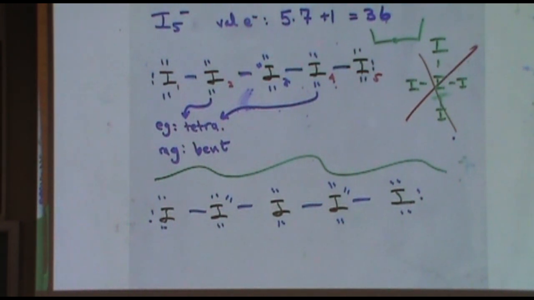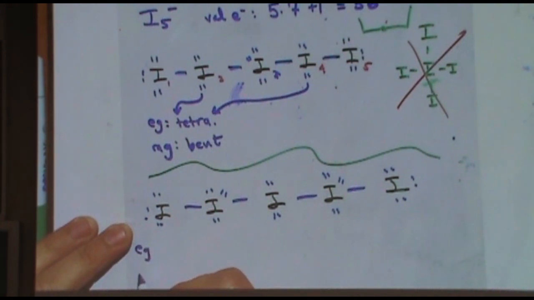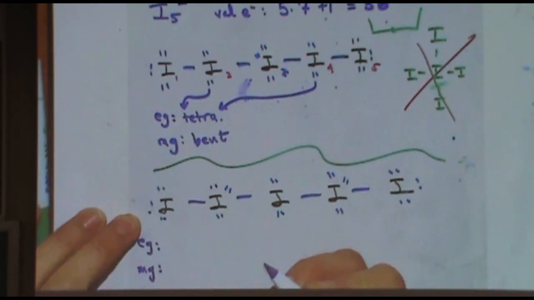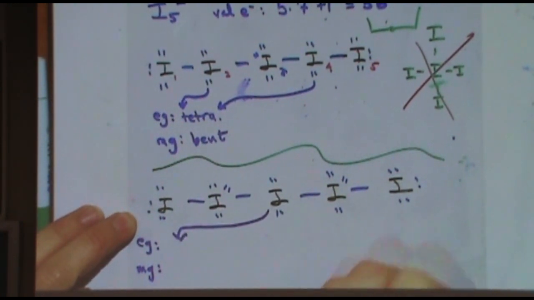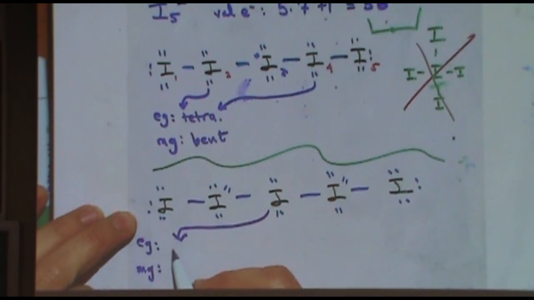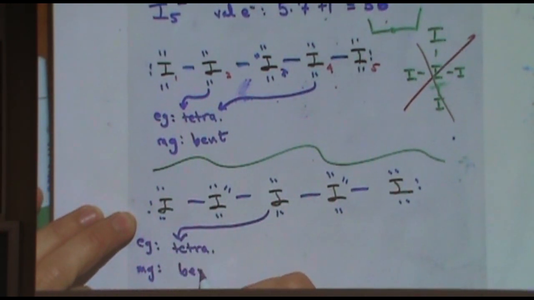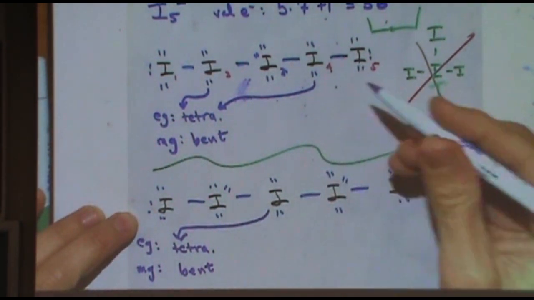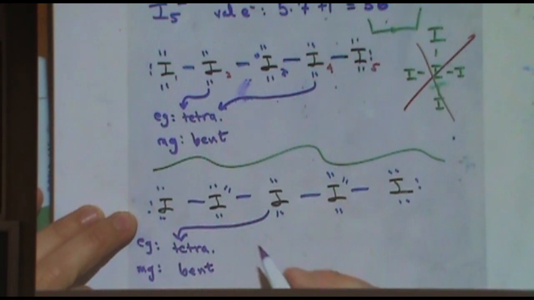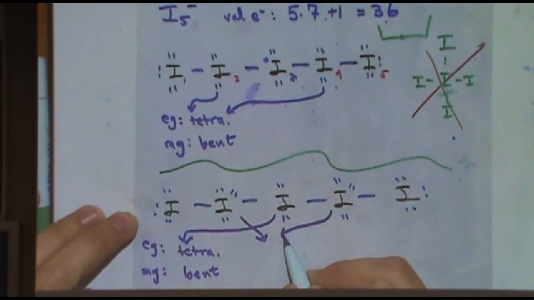So now, again, I will do EG for electronic geometry and MG for molecular geometry. Let's do the middle one first. It's the same as what we saw above, 4 groups. So it's tetrahedral and then bent. 2 lone pairs, just like the ones up above. This one and this one are going to be the same.